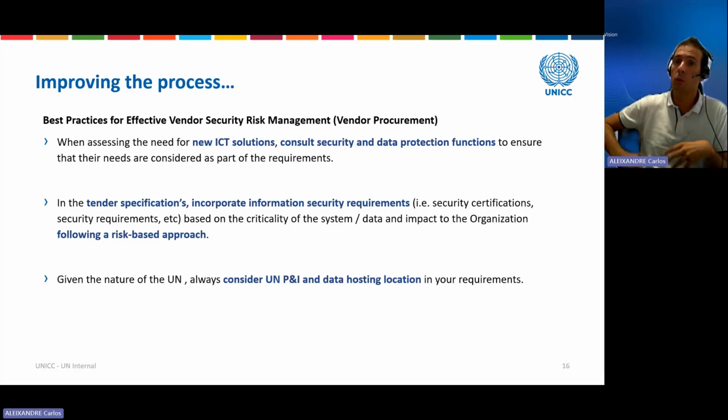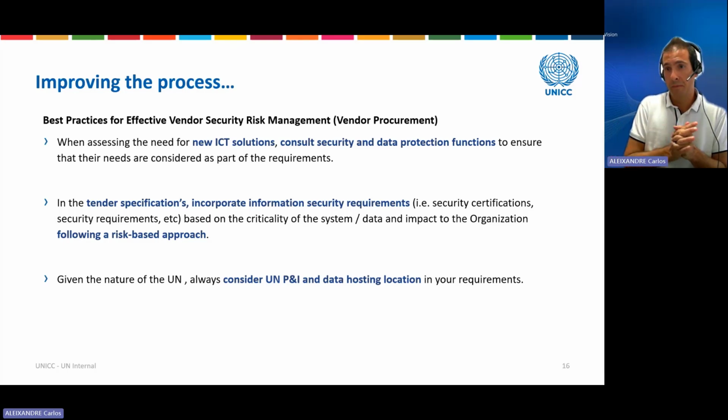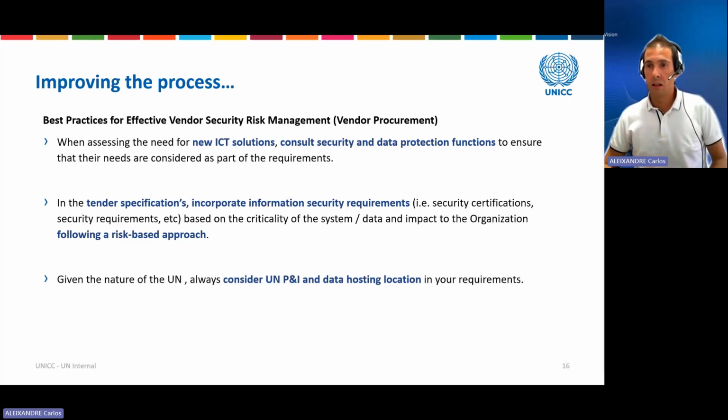So in the tender specification, we need to incorporate any security requirements that we may have, such as security certifications and other security requirements, based of course on the criticality of the system or data, so the suppliers know well in advance. And the last bullet point is about always considering the UN privileges and immunities and the data hosting location, right? So this is very important. We should define where we want to host our data where possible, and also consider adding UN privileges and immunities clauses in our contracts.